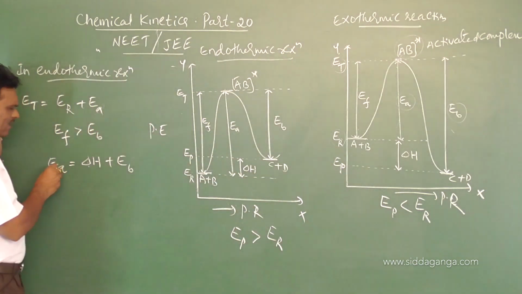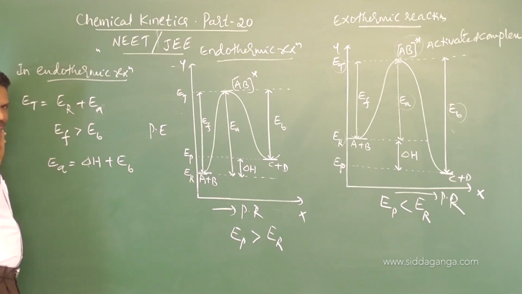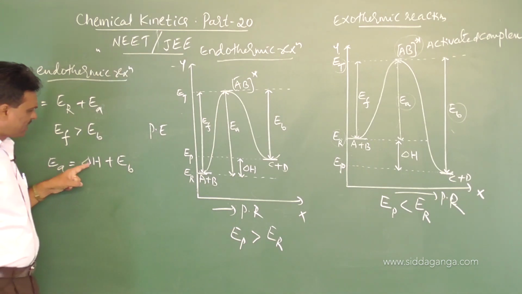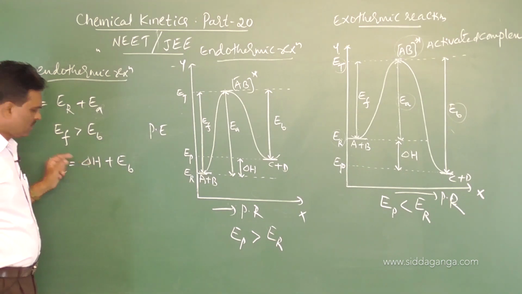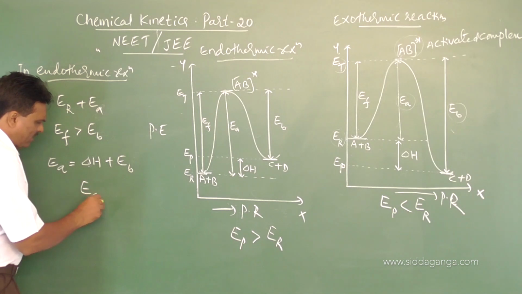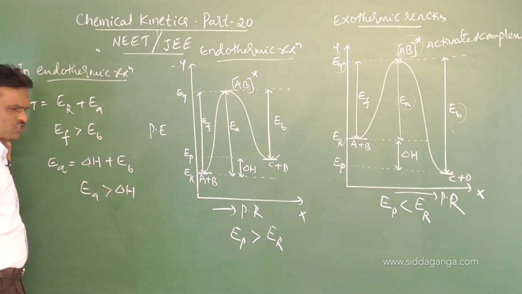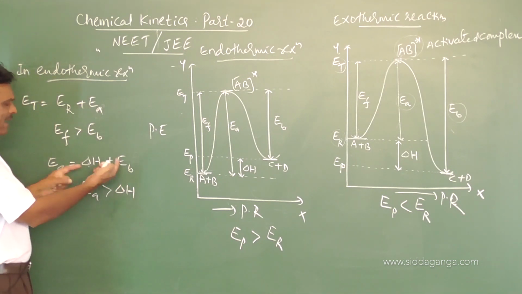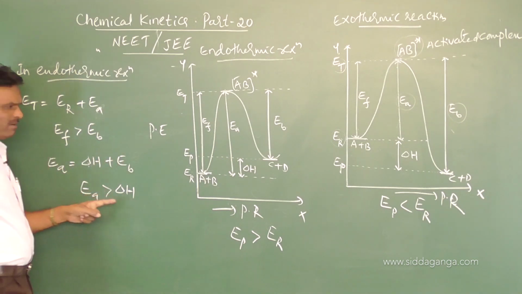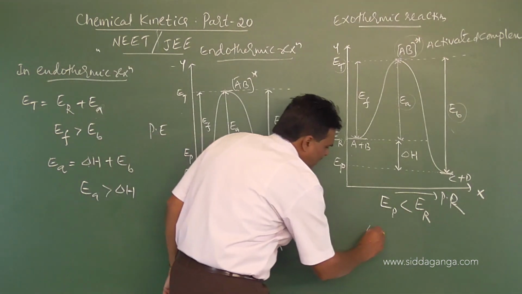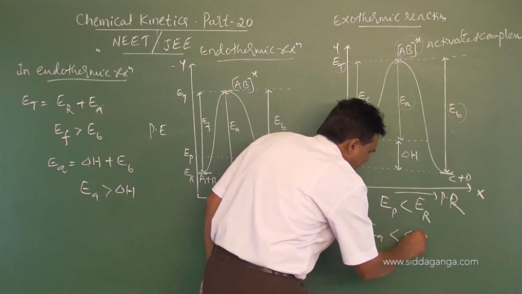Here the energy of activation is greater than the delta H value. In case of endothermic reaction, the energy of activation is greater than delta H. Note, the energy of activation is not equal to delta H. When a term is added to delta H to get EA, it means EA is greater than delta H. But in this case the energy of activation is less than delta H.